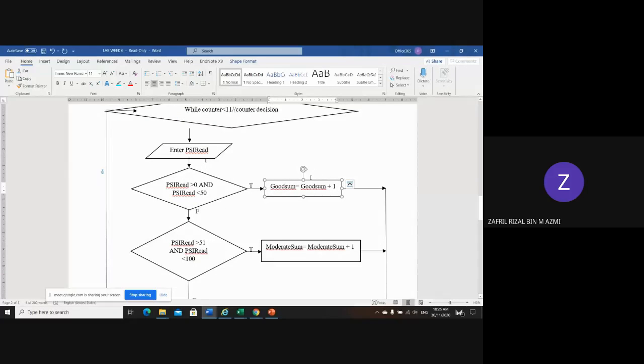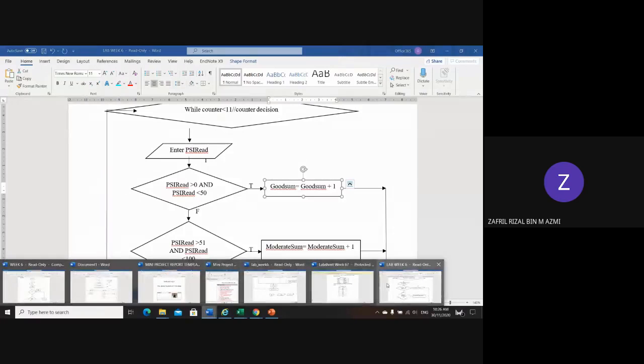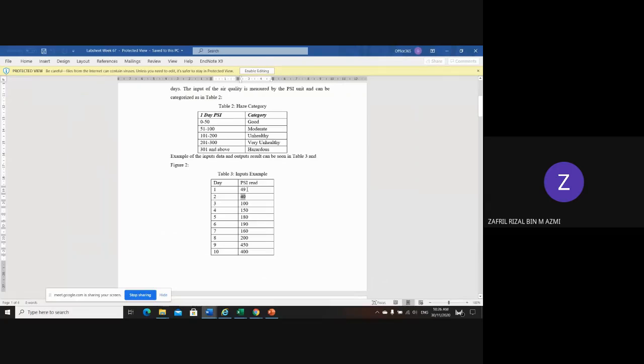count. So if, let's say, the inputs over here are all below 50, for example, this one 49, this is 48, 40, all input is below 50, so it is going to be a good category, right?